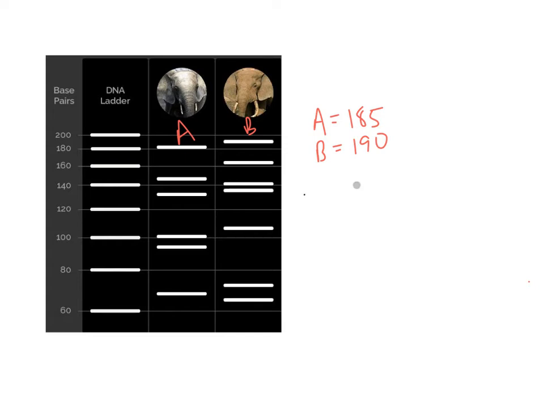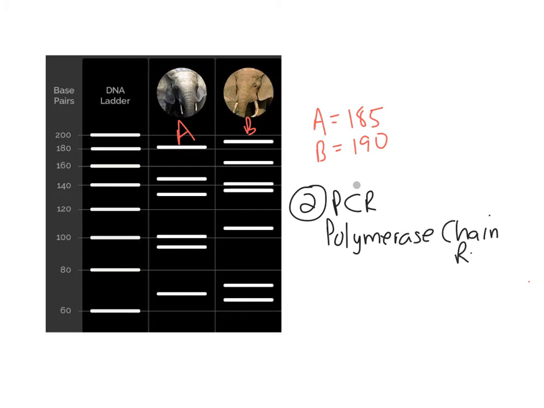Okay, our next thing to talk about is PCR, which stands for polymerase chain reaction. PCR is a technique which basically copies DNA over and over. In this elephant case, it was hard to get the DNA out of the bone.